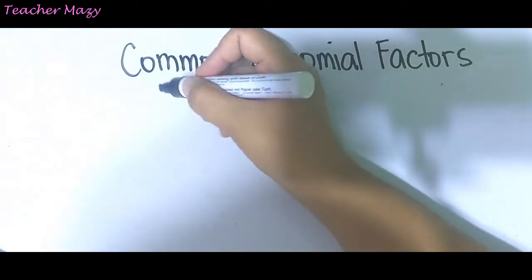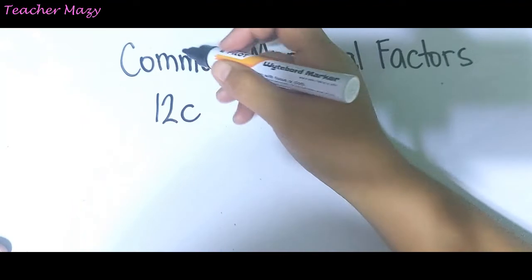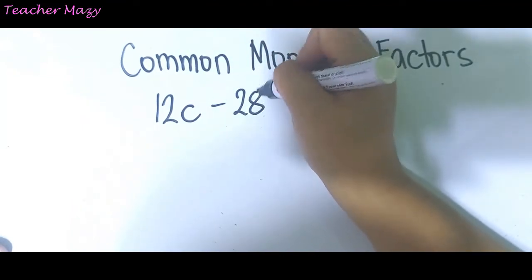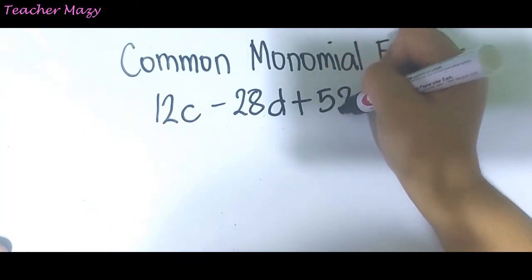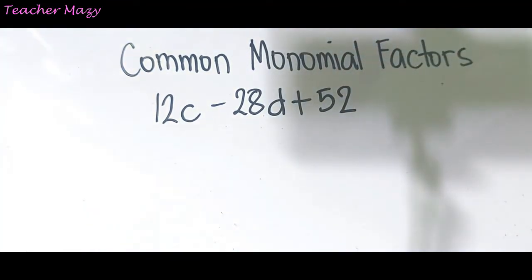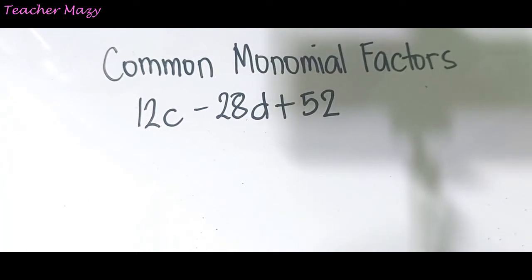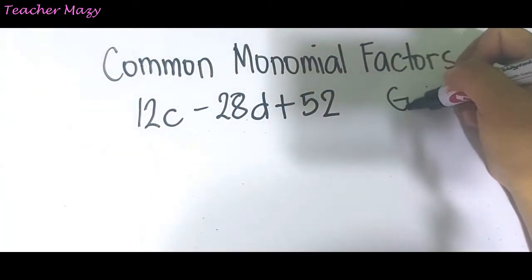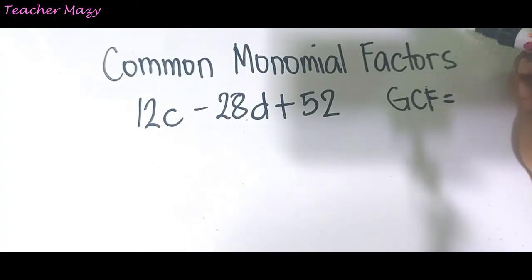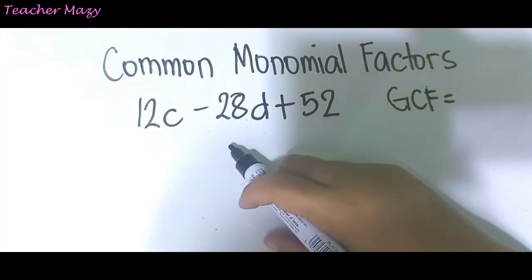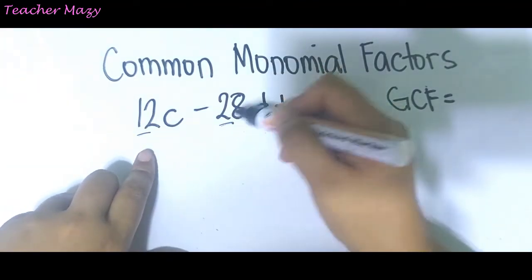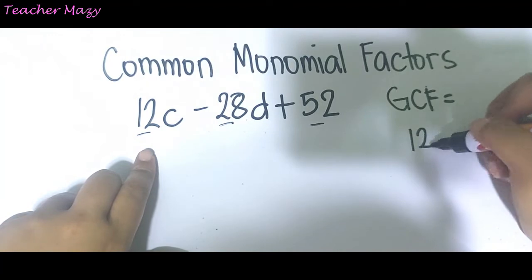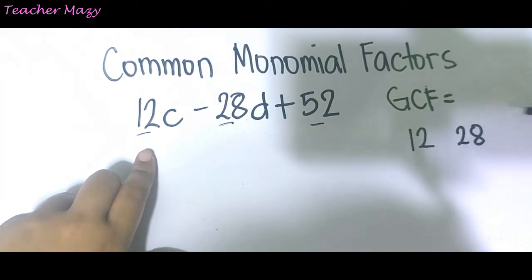Let's try another one: 12c minus 28d plus 52. Let's find the GCF first, the greatest common factor for each term. Let's focus on the numerical coefficients first: 12, 28, and 52.